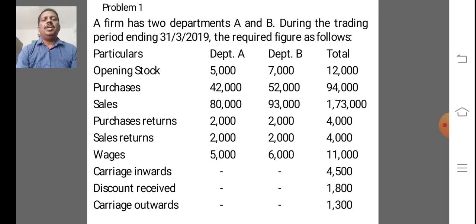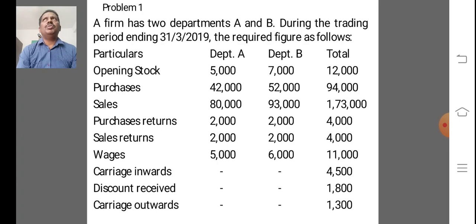Purchases: A 42,000, B 52,000, total 94,000. Sales 80,000 for A, 93,000 for B, 1,73,000 total. Purchase returns 2,000 for A, 2,000 for B, total 4,000. Sales returns also 2,000 for each department, total 4,000.